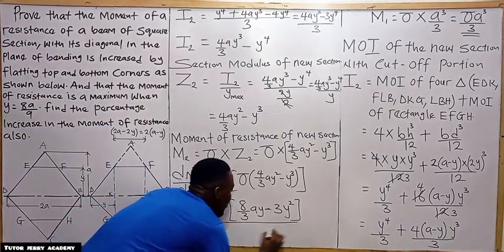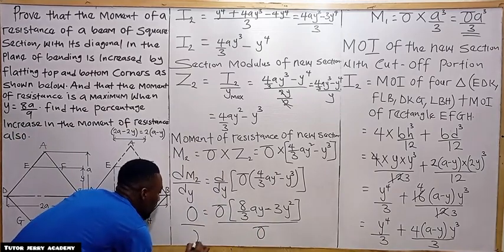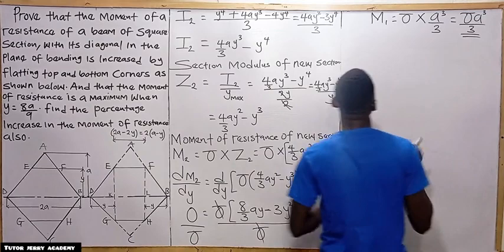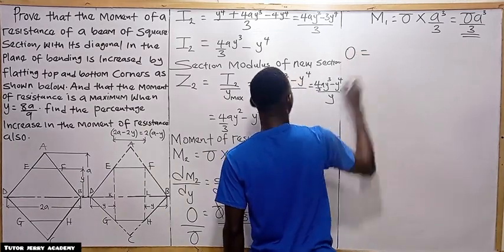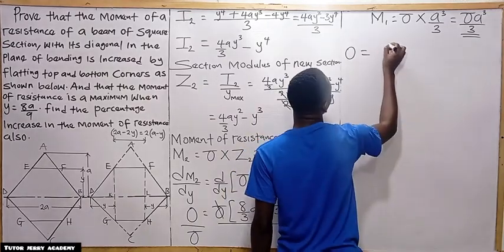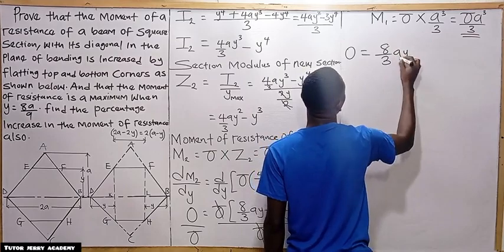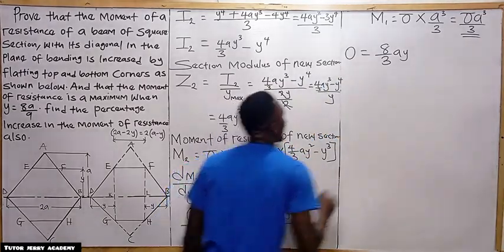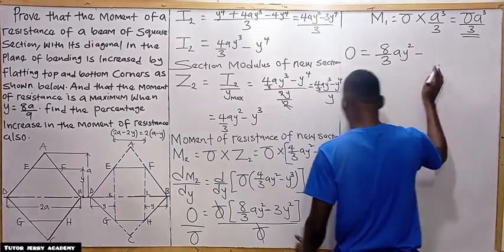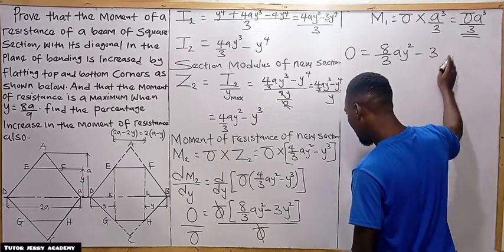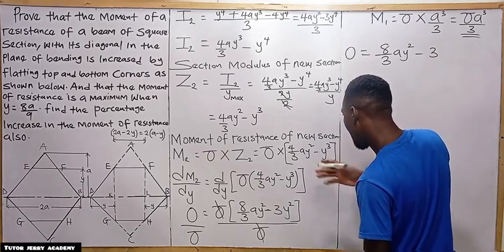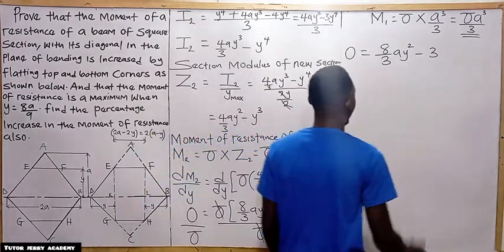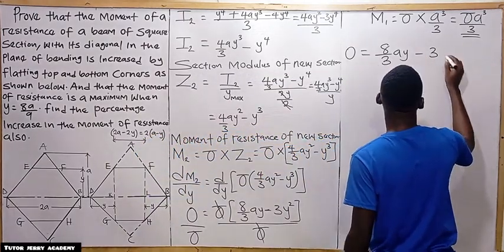So we are going to have 0 equal to 8 over 3 a y minus y squared.